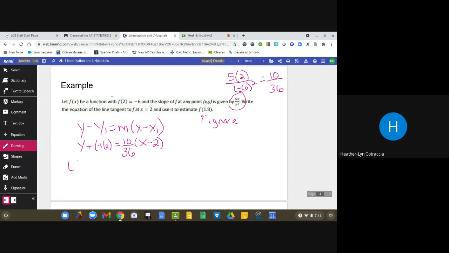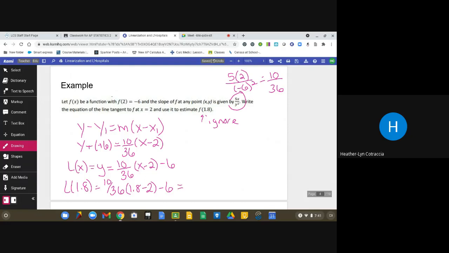To get my linearization, y will be equal to 10/36 times x minus 2, and that will be minus 6 because we've got plus a positive 6 over there. So now I want to use that to estimate 1.8. That will be equal to 10/36 times 1.8 minus 2, minus 6.